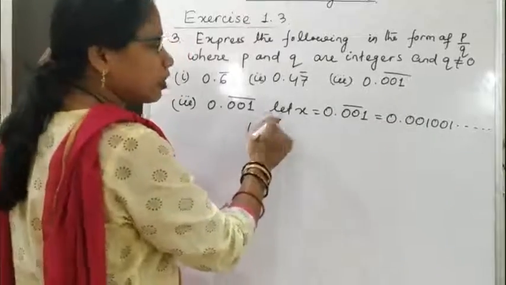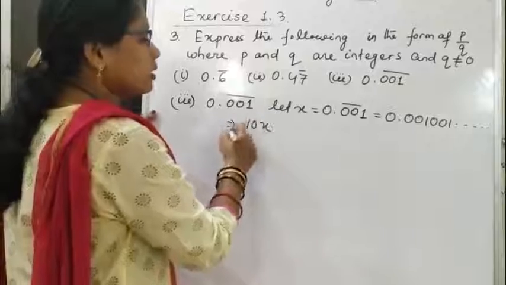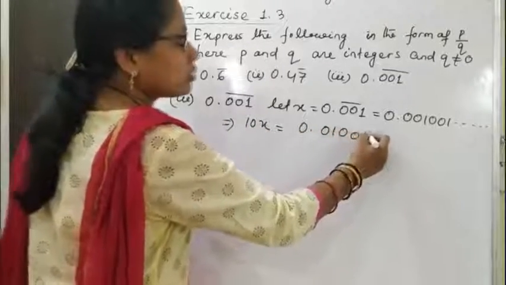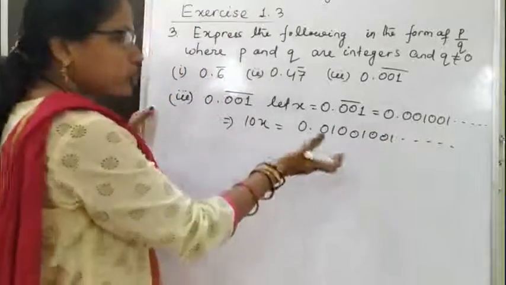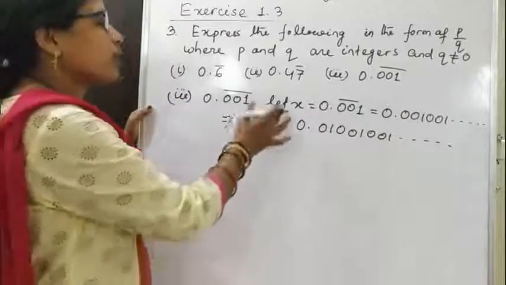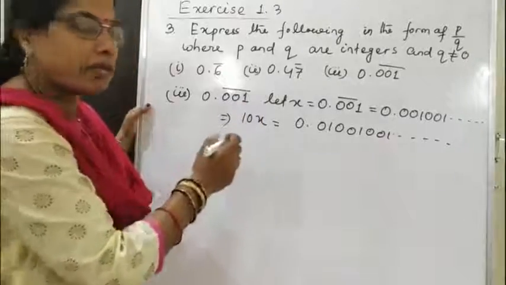Now multiply 10 in both sides. That is 10x is equal to 0.01001 up to infinity. So again here the decimal parts are not equal, so we cannot subtract x from 10x. So again we multiply both sides by 10.